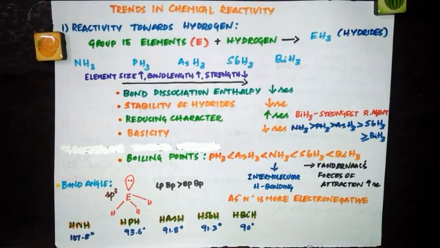I want to make one thing clear. When we are talking about chemical properties of group 15 elements, we have already seen the properties of the elements: nitrogen, phosphorus, arsenic, antimony, bismuth, how their melting points change, how their boiling points differ and everything for the elements.